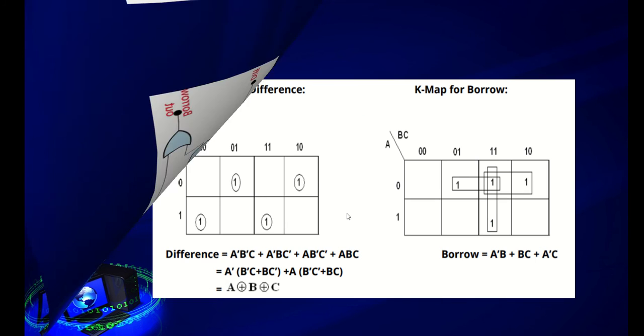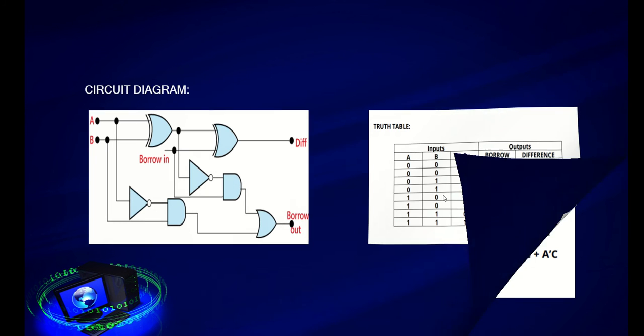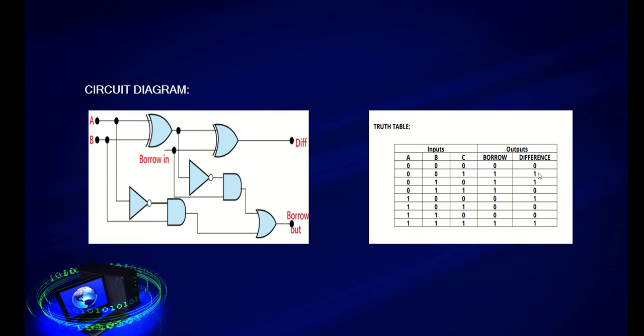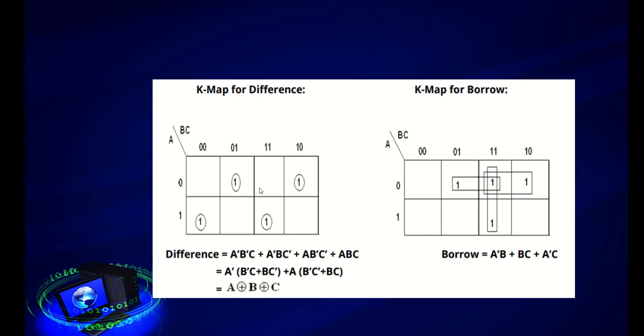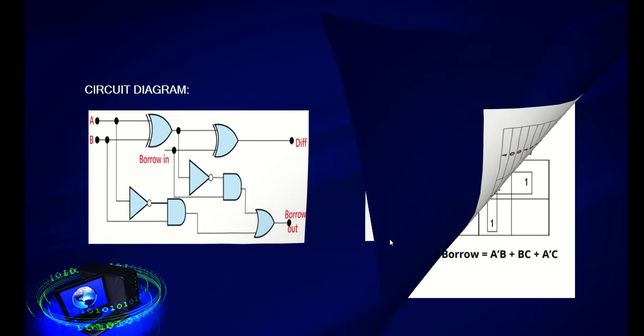So to check for the difference, we require the truth table. The inputs 001, 010, 100 and 111 give output as 1 in the difference. So let's take those input values and mark 1 in those places. And the Boolean expression we get is A ⊕ B ⊕ C. Let's move on to K-map for borrow.